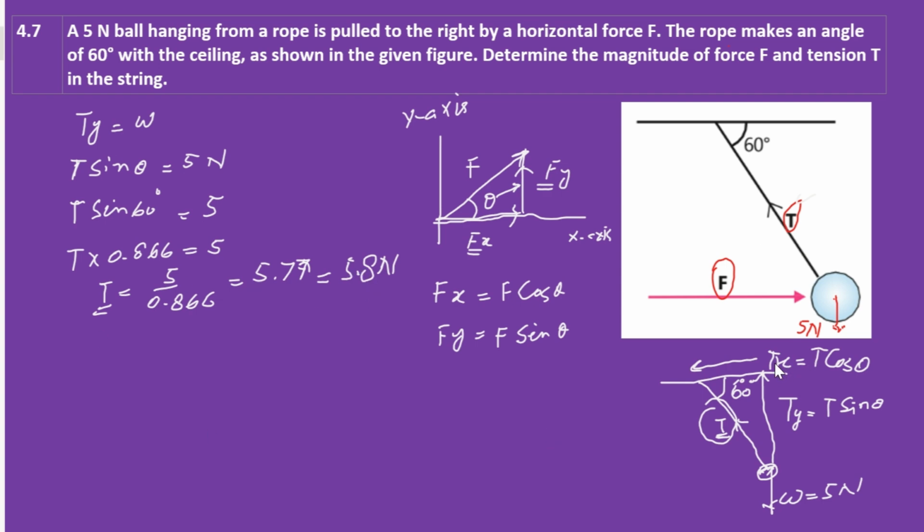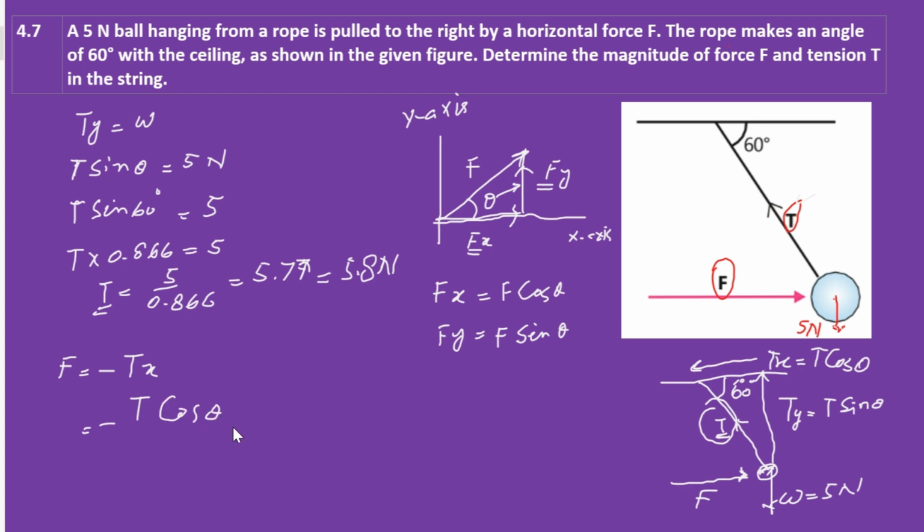To calculate Tx, we will use T cos theta, and this Tx is equal to this force F, but both are opposite in direction. So we can write that this force F will be equal to negative of Tx, and also Tx is T cos theta.